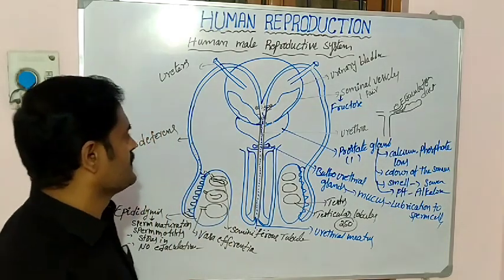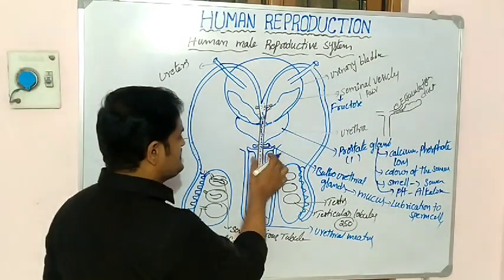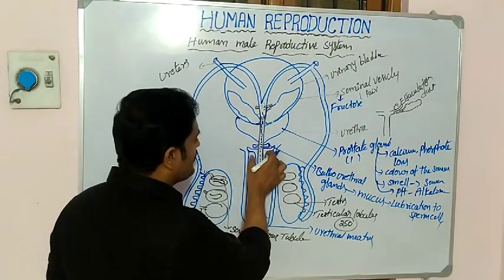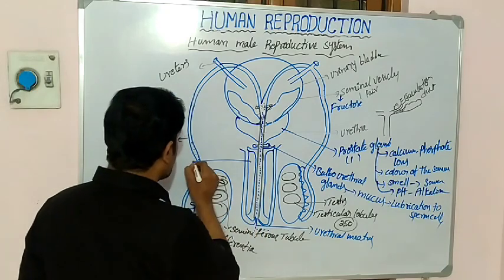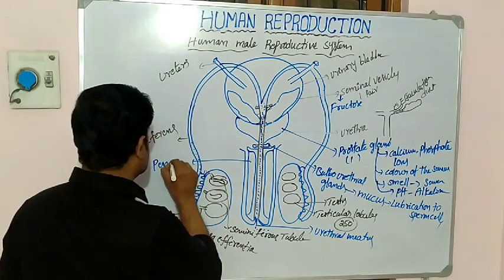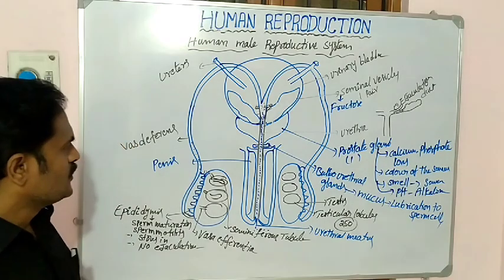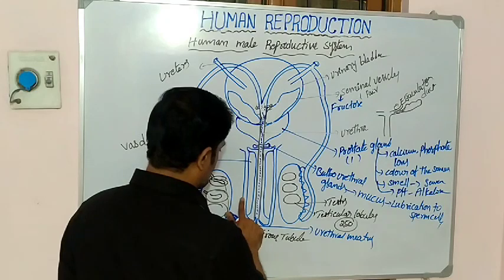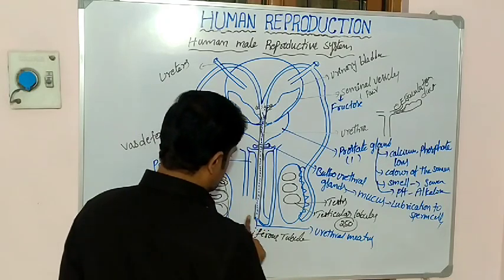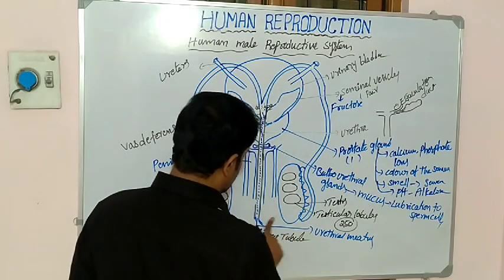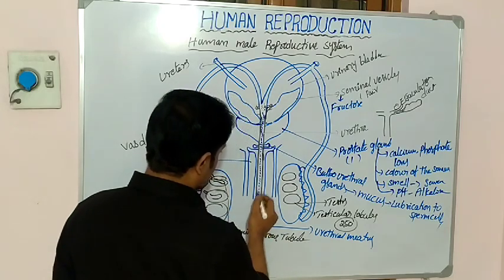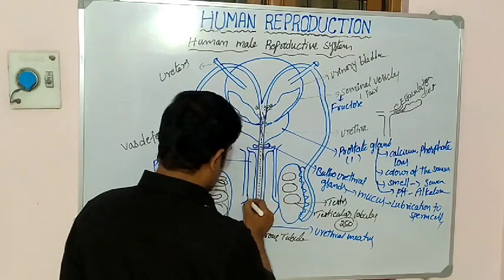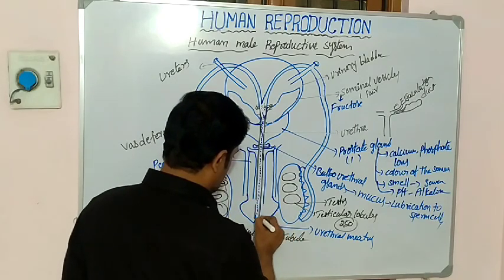Also you have to remember one thing: this portion of the male reproductive system is called the penis. Here we notice somewhat of a difference, some of the arrangement looks different.